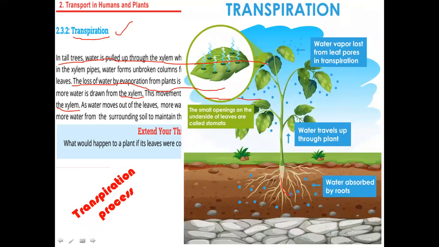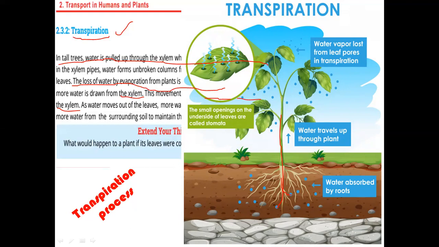What happened in that, as I told you before, when the water evaporates from here, it means in the leaf and in the stem the water concentration gets lower, so these water molecules move into the xylem, which is present in the roots, then the stem, and then the leaves.